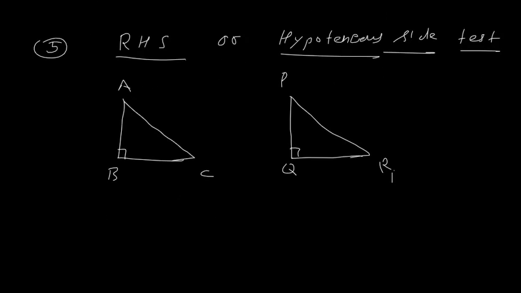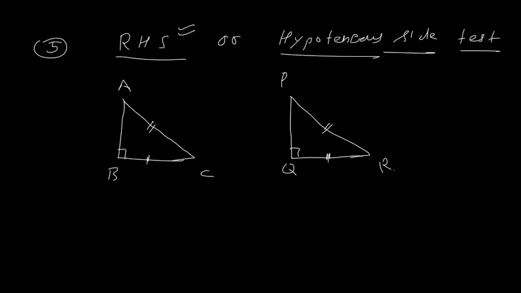Now, if two triangles are right angle triangles and their hypotenuses are equal, and any one side, meaning we have two perpendicular sides, out of these two perpendicular sides, if any one pair is equal, then we will say that the triangles are congruent by the RHS criterion, right angle hypotenuse side criterion.